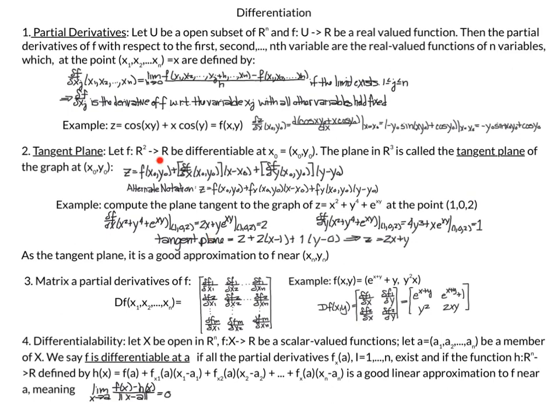So our tangent plane is f of x naught, y naught, so at (1, 0), z is equal to 2, plus the derivative of f with respect to x evaluated at x naught, y naught, that's equal to 2, times x minus x naught, which is 1, plus now our df/dy is 1 times y minus y naught, which is 0. So that will give us z is equal to 2x plus y.